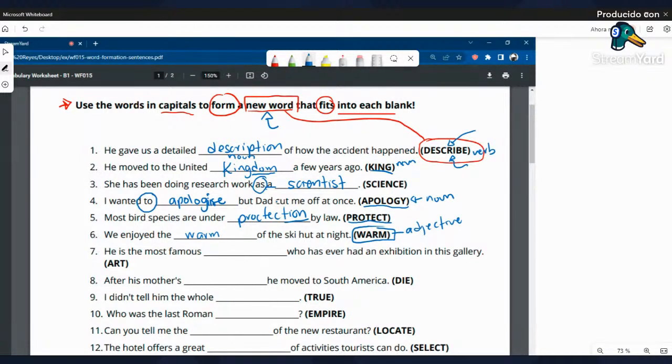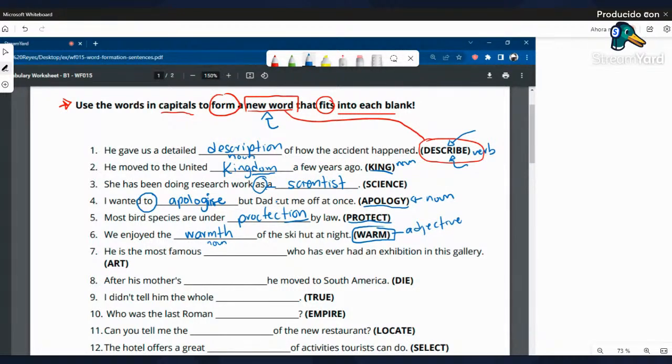I'm not saying warm what. The adjective requires a noun after it. So in this case it would be we enjoyed the warmth, the warmth of the ski hut at night. So I change it for a noun. This is a noun.